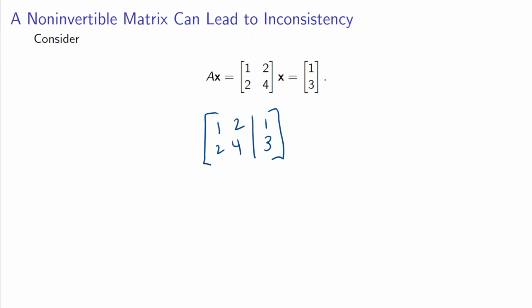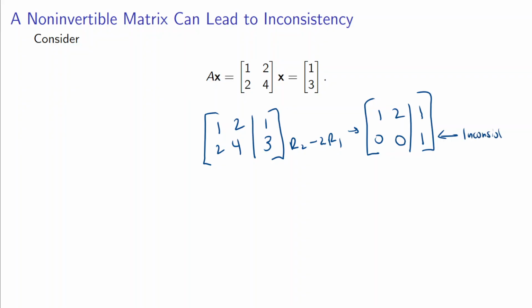If we try to solve this equation through our standard row reduction, R2 minus 2R1, we get 1, 2, 1, 0, 0, 1. We can see this is inconsistent, so we have no solutions.